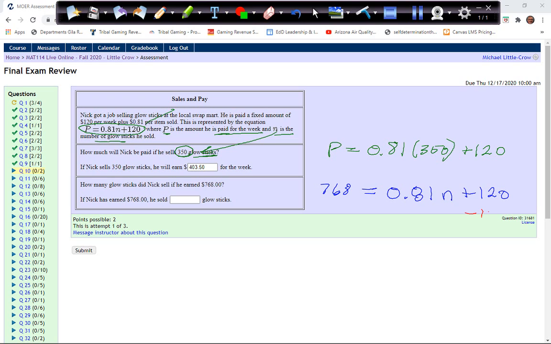So we subtract 120 from both sides. Cancels. 768 minus 120 is going to be 648. 0.81 N, and then we're going to divide both sides by 0.81.